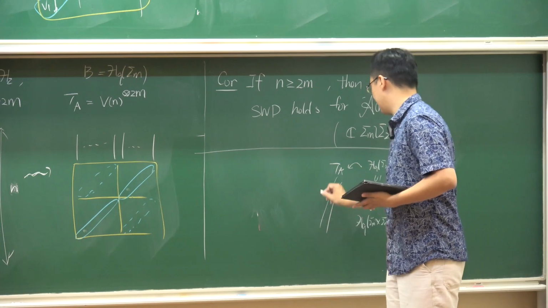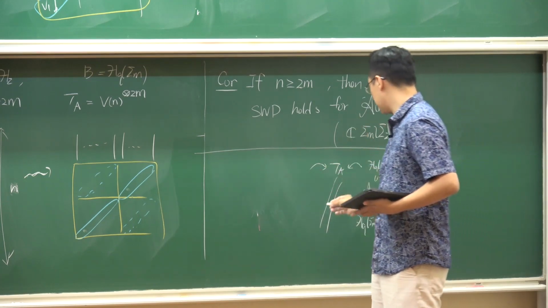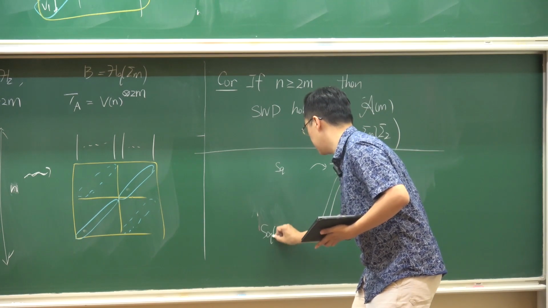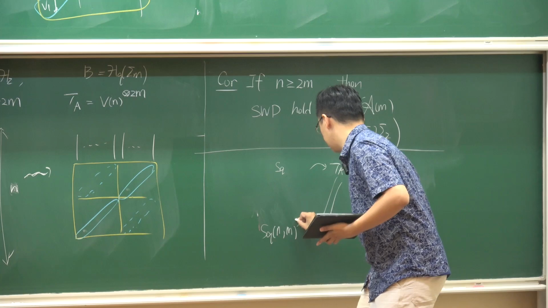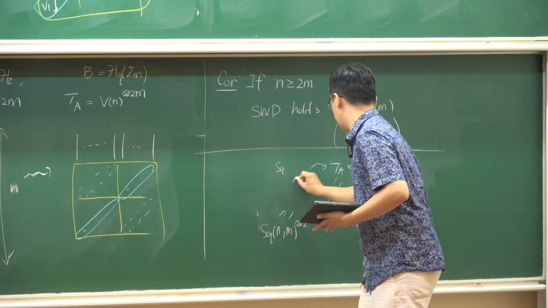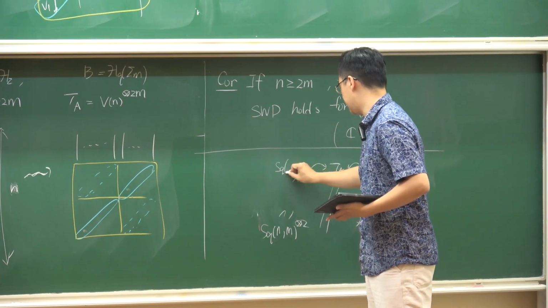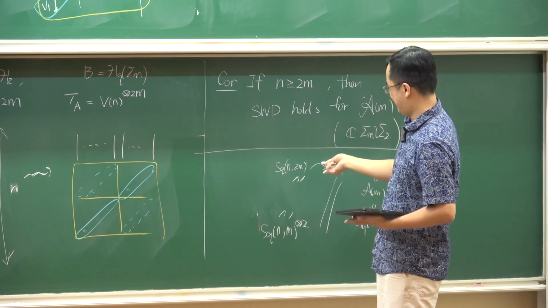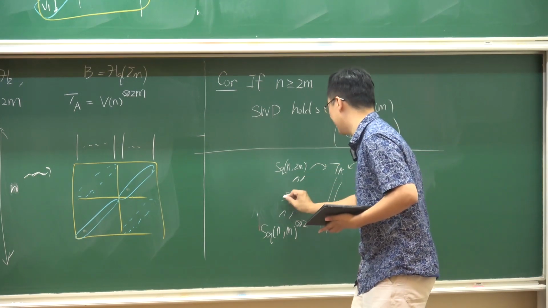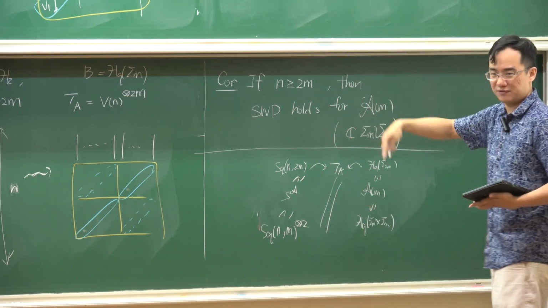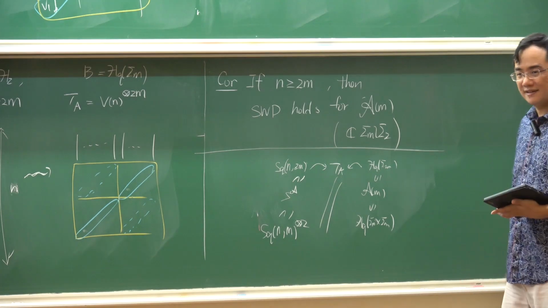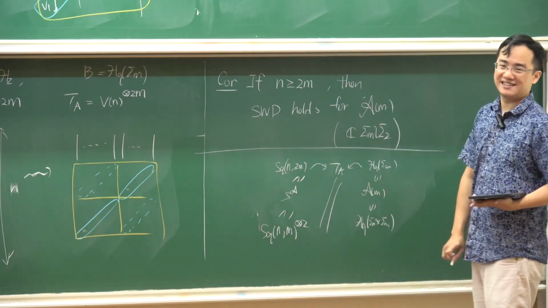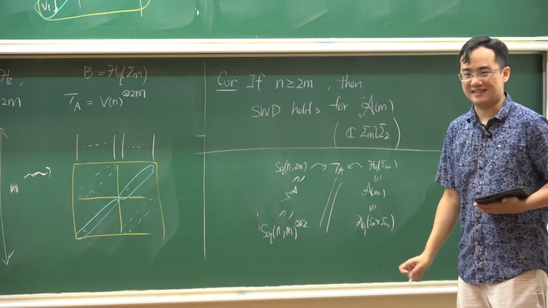You can describe the Schur algebra as the subalgebra of the tensor product of the type A Hecke algebra with itself, which contains the Hecke algebra of type A on 2m. I don't know if this is explicit enough for you, but there is some description in between. You take anything here that commutes with this action, and you can count the dimension, something like that.